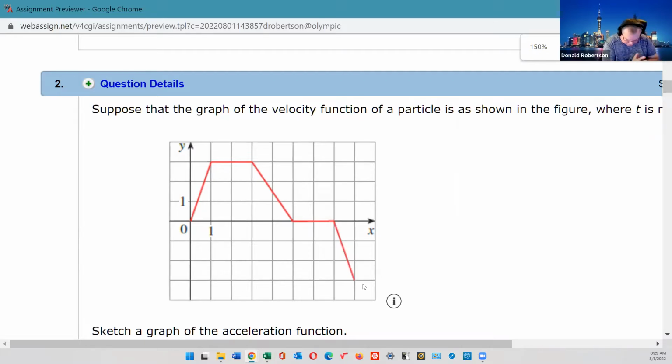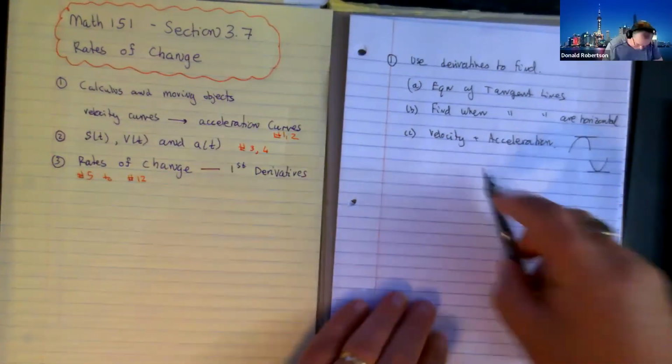So what this graph is telling you is how the velocity of this moving object is changing through time. Right? So if you've done a physics class, you've probably seen one of them, a velocity time graph. Okay. So I'm going to do some sneaky things with it.